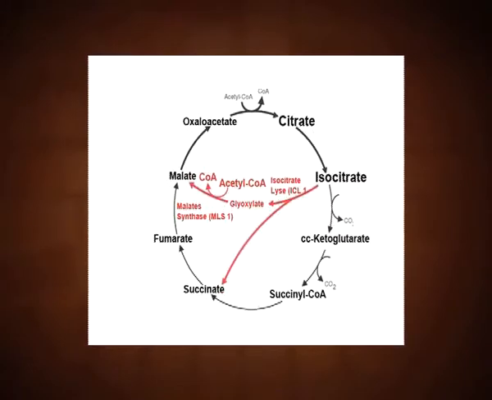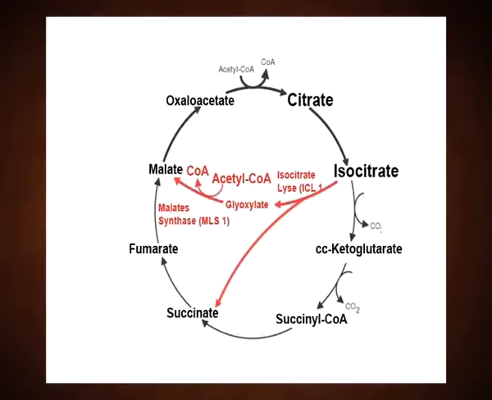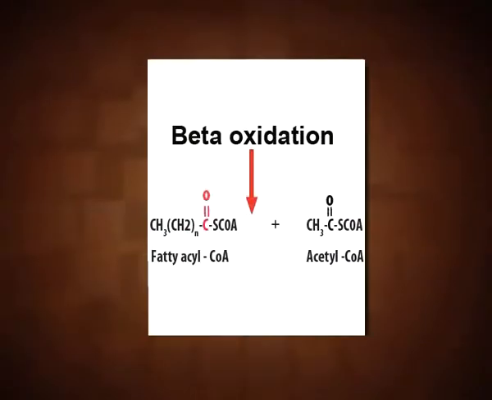In this glyoxylate cycle, 2 molecules of acetyl coenzyme A produced due to breakdown of fatty acids are used to make succinic acid, which leaves peroxisomes and gets converted into glucose. This glyoxylate cycle does not occur in animals, so that they are incapable of converting fatty acids into sugars.